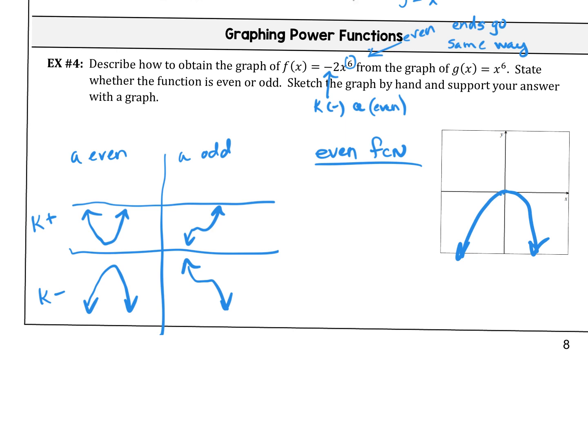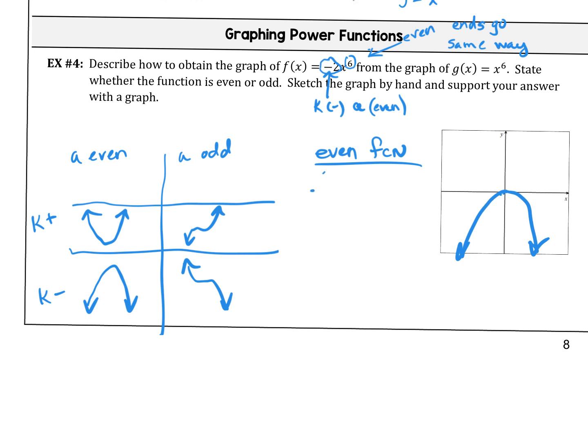What is the transformation here? What is this 2 telling me? Come on, guys. You know your transformations. Stretched what? Stretched vertically by a factor of, and what's the negative tell me? Flipped over.